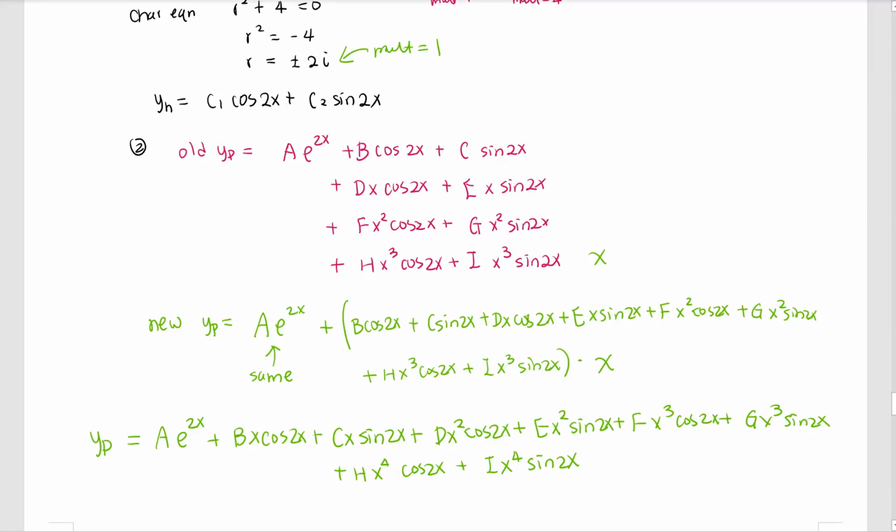Yes, so that is the setup of our particular solution.